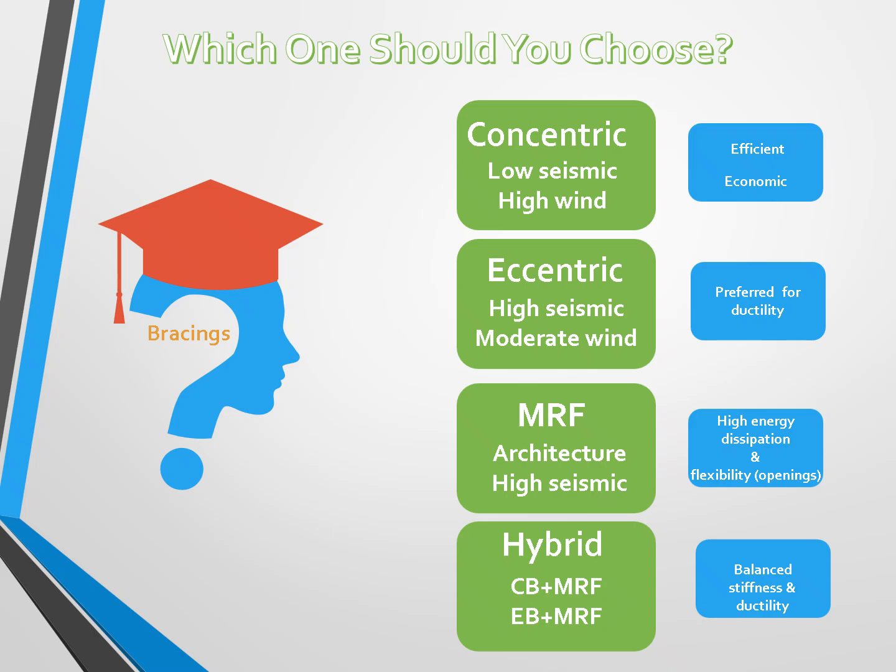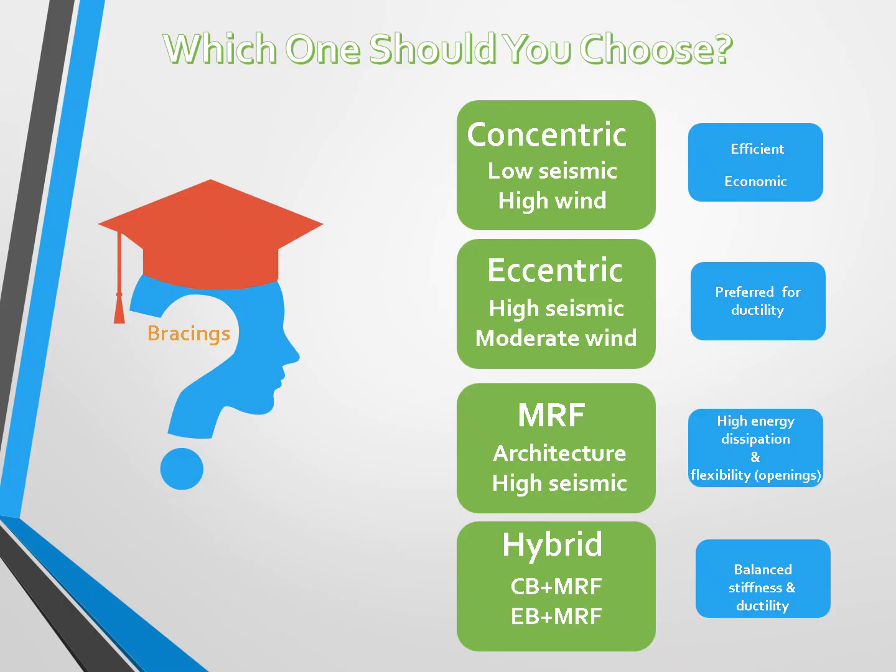And when should we use a moment resisting frame? When we want to have architectural flexibility, especially because of the opening, and also when we are in a high seismic zone. It provides high energy dissipation and flexibility for the architectural design.